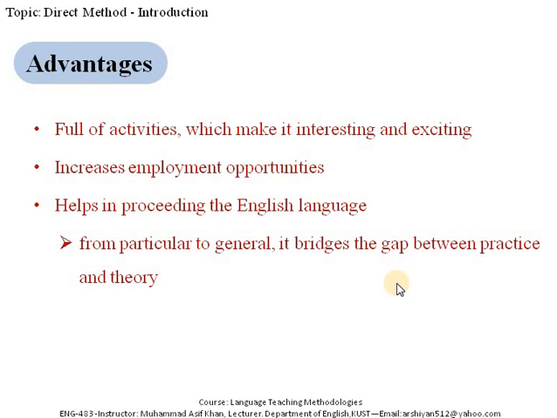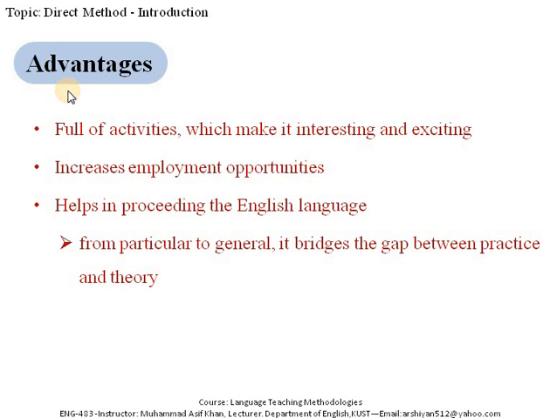It is not just learning about the language; instead, we are learning the language. In the grammar translation method, when we were studying the rules and regulations, we were actually studying about the language. But here, when we practically use the language, we are actually using the language. So these are the advantages of the direct method.